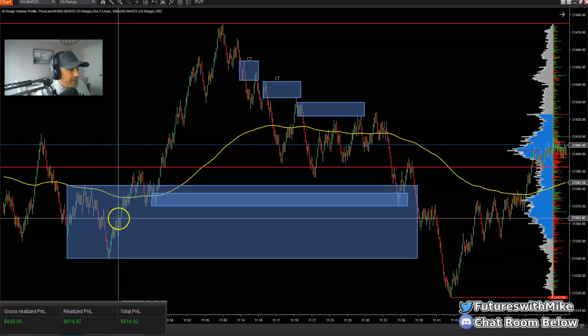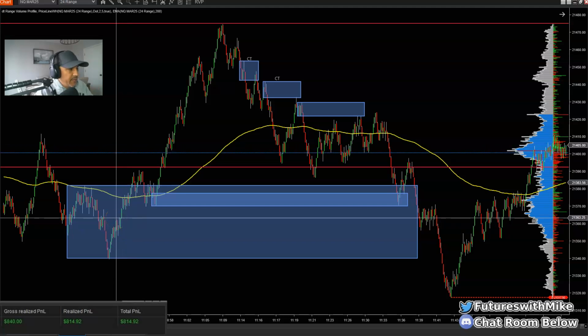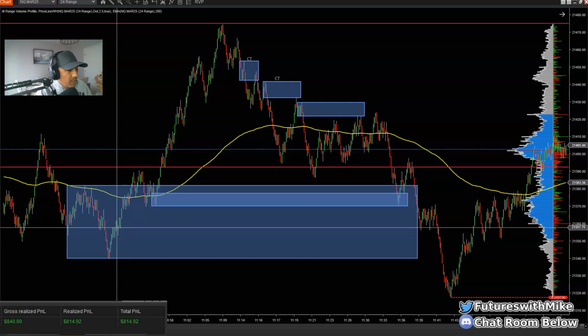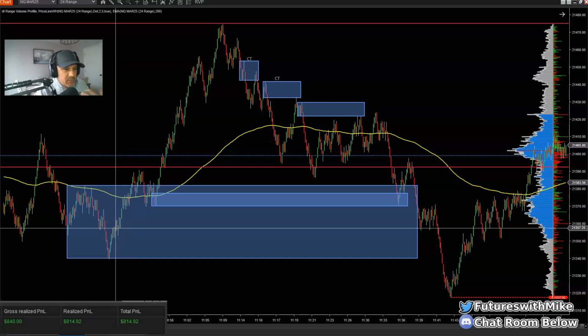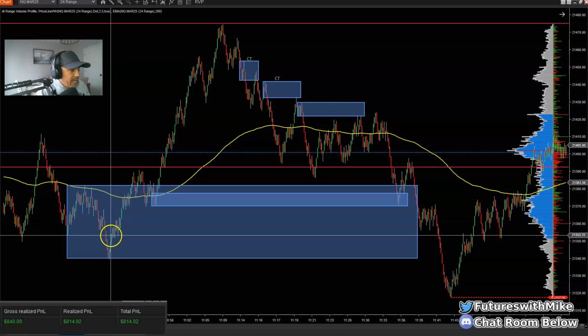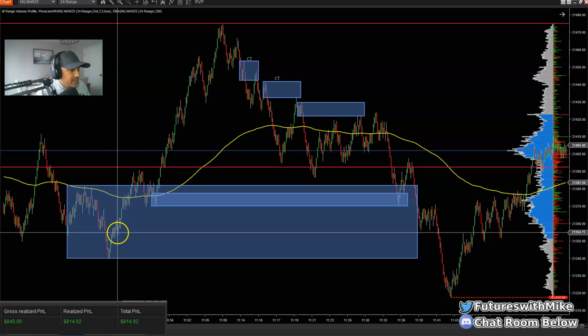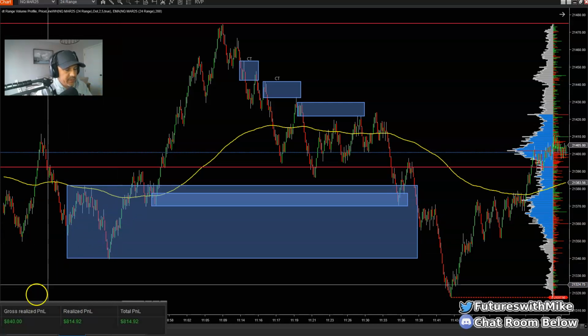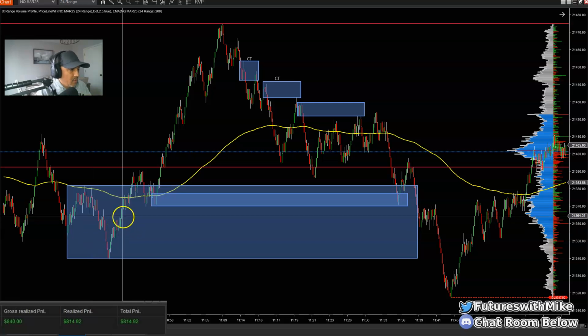But the top end of the bearish candle is outside of a swing. There's no swing right here. Even if you consider this a swing to the downside, the wick of this bearish candle is above even the swing. So my demand zone must be on the inside of a swing. That's why I didn't consider that area right here.